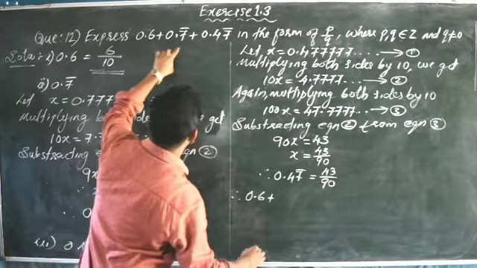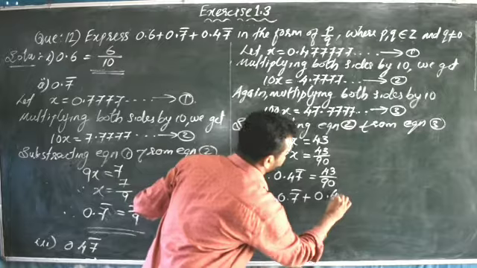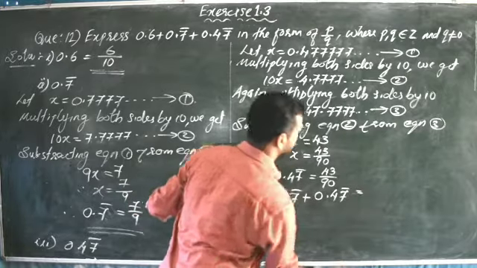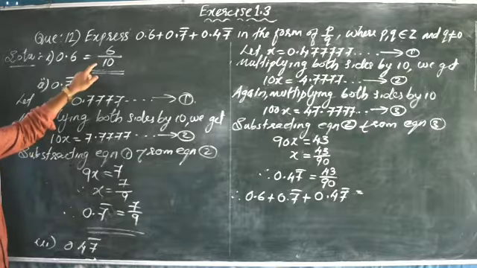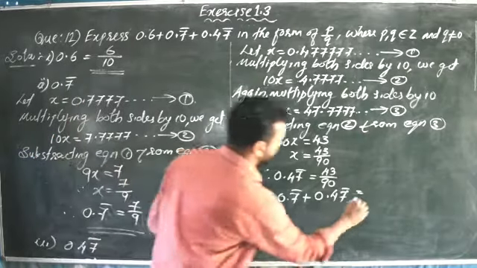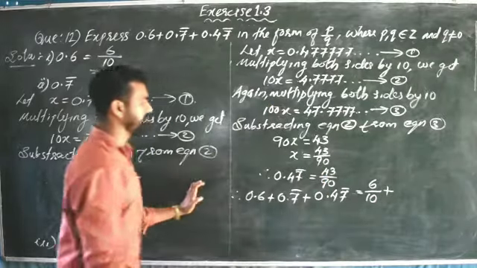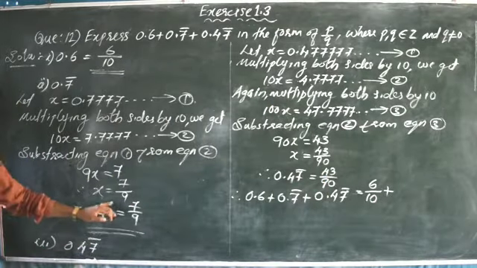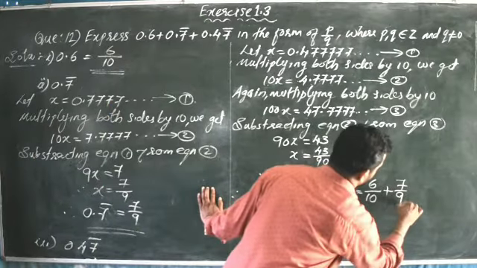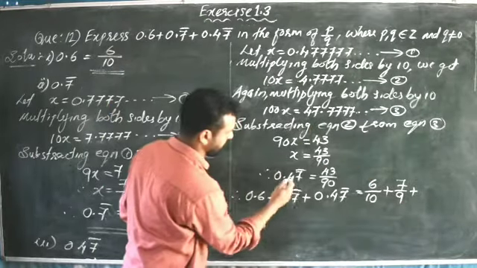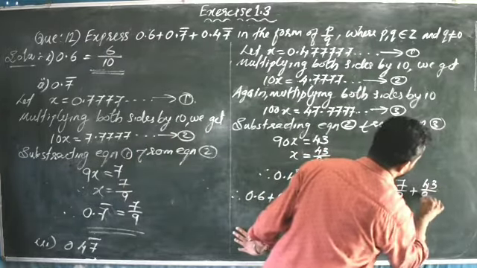Therefore 0.6 plus 0.7 bar plus 0.47 bar is equal to: we got the first answer, 0.6 is equal to 6 by 10, plus 0.7 bar, which is equal to 7 by 9, plus 0.47 bar, which just now we got as 43 divided by 90.